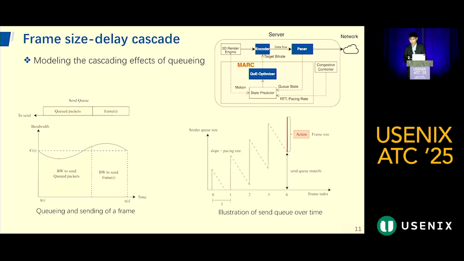It doesn't just increase its own send time. It also builds up the queue, which increases the waiting delay for all of the subsequent frames. To account for this, MARC's optimizer uses an n-step look-ahead strategy. It solves for the optimal bitrate for an entire window of future frames to maximize their total combined QoE.